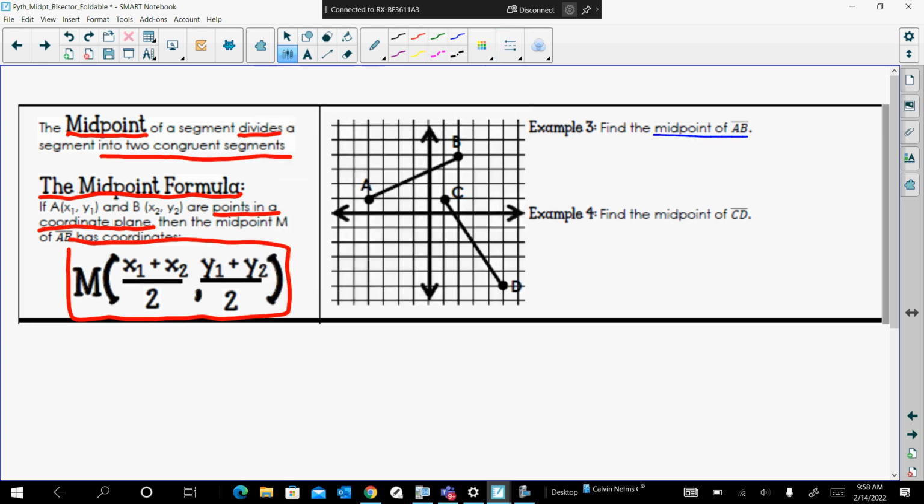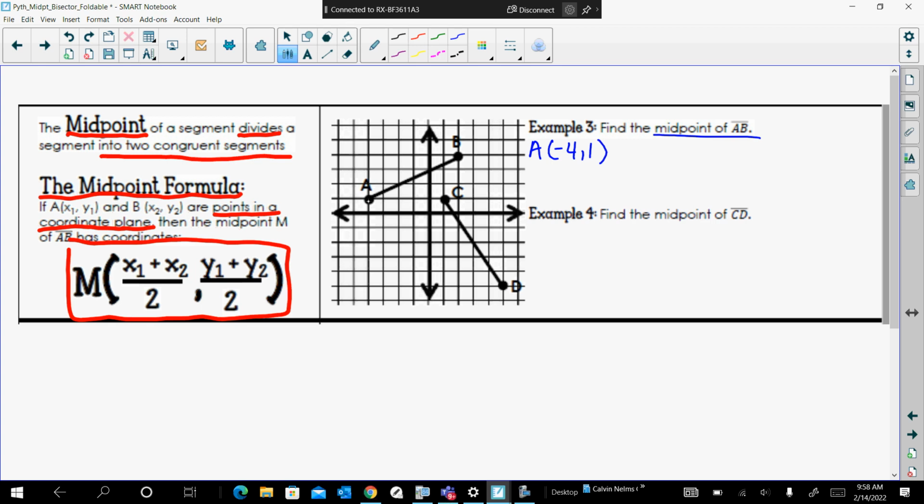In order to do that, you first need the actual coordinates of your points. So we're doing the midpoint of AB, so we need the coordinates of A off the plane. That'd be 5, 1. No, not for A. 5 is over here. Oh, wait, -5. It is -4, comma 1.